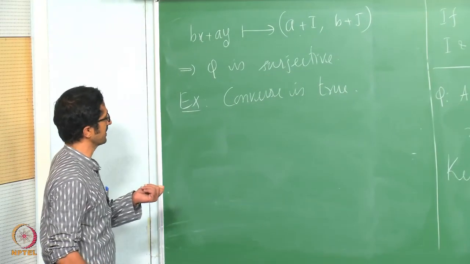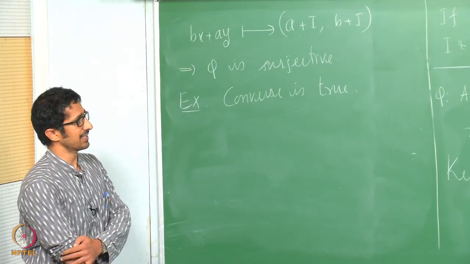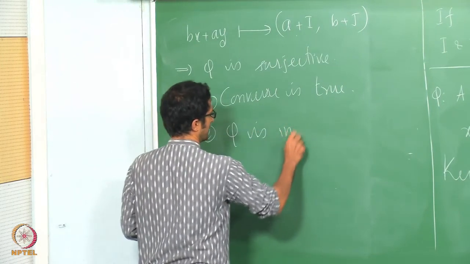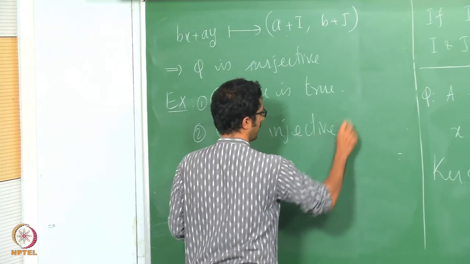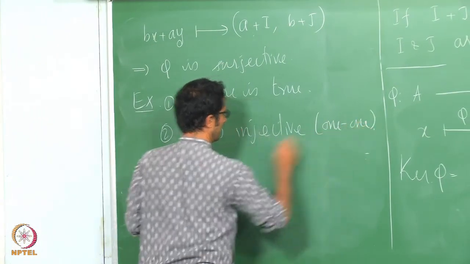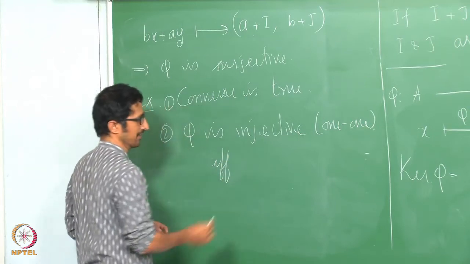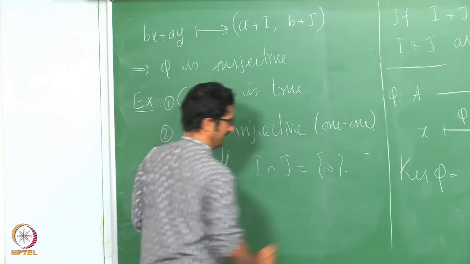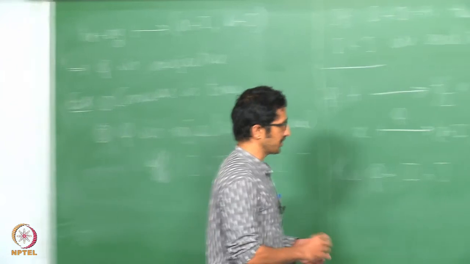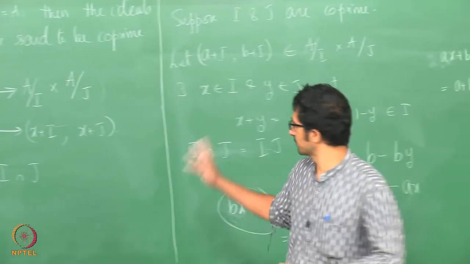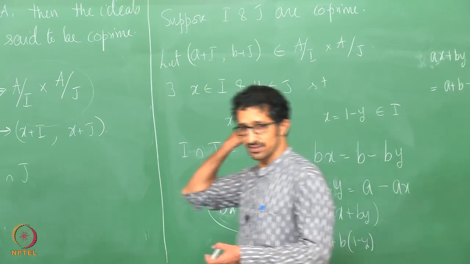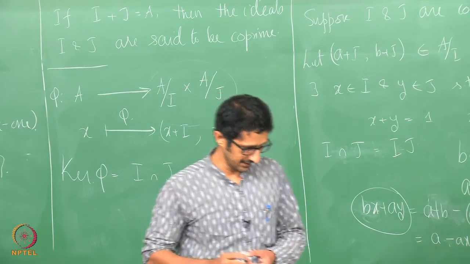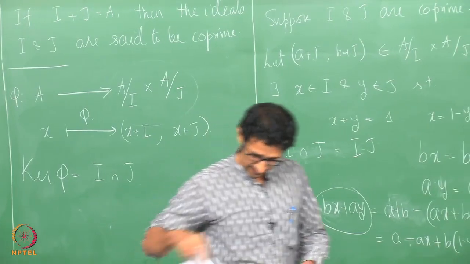That is, if phi is surjective, then I and J are co-prime, and phi is injective if and only if I intersection J is 0. We have done this for 2 ideals, and this can be done for n ideals, finitely many ideals. Okay. We will continue tomorrow.